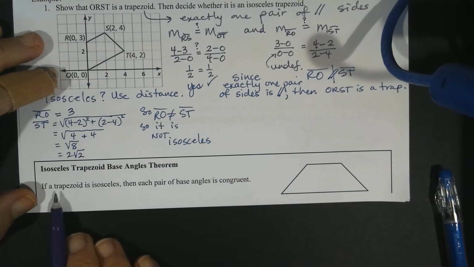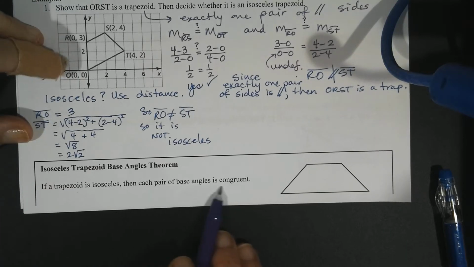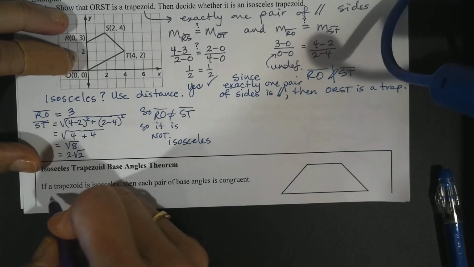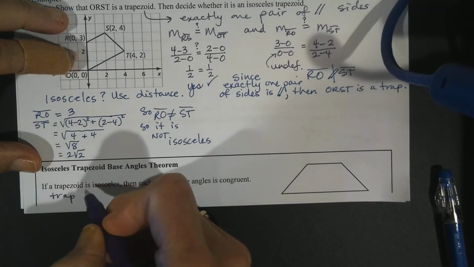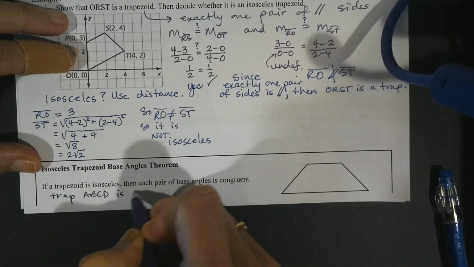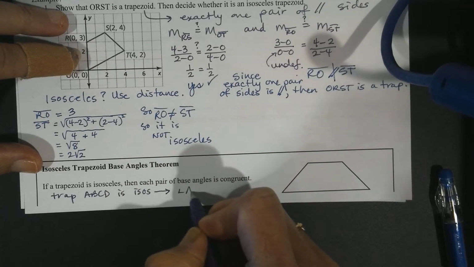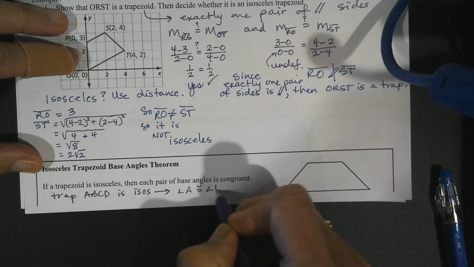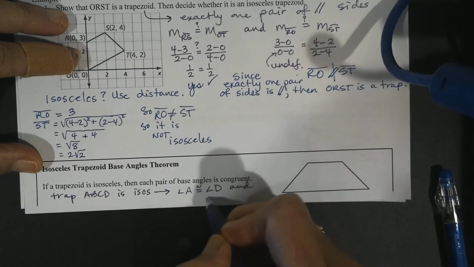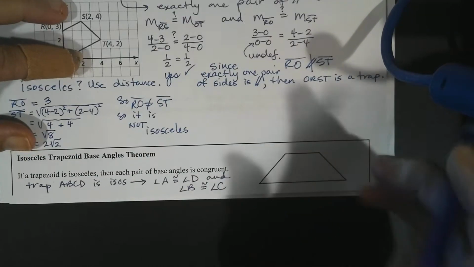I believe if the trapezoid is isosceles, then each pair of base angles is congruent. So I might abbreviate it like this. Trapezoid ABCD is isosceles, then angle A is congruent to angle D, and angle B is congruent to angle C. Of course, I should label this, right?